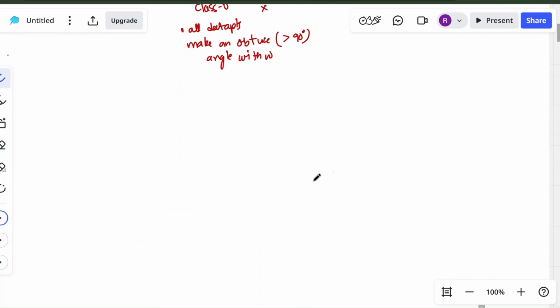Okay, so now let us look at the question. So in the question, what do we have? We have two data points. So let me draw the x-axis and the y-axis, or x1 and x2. There is one data point here, which is -1 comma under root 3. There's another data point here, which is 1 comma under root 3.